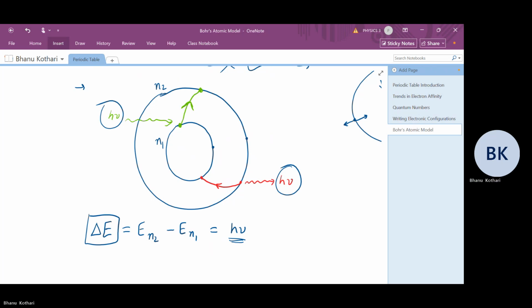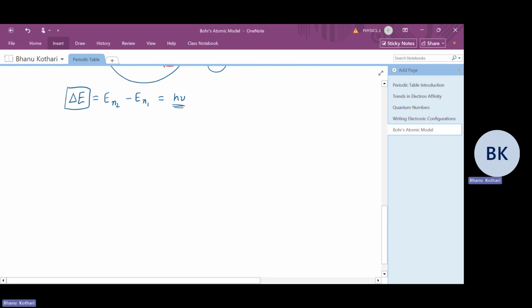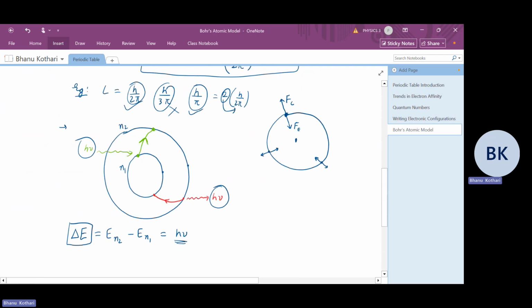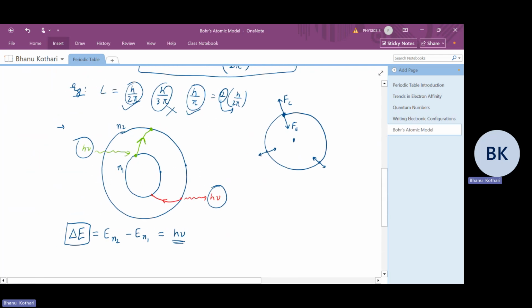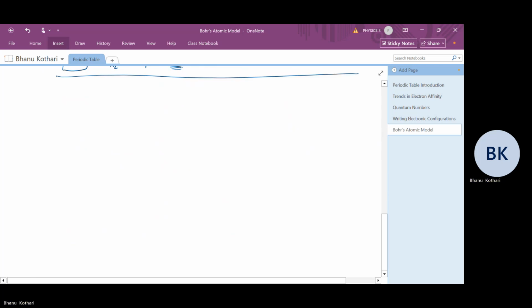All right. Now the next thing is how to calculate the radius of a particular stationary orbit.